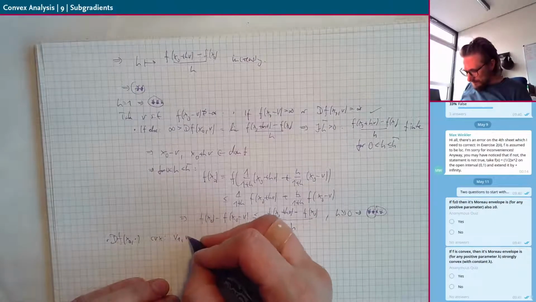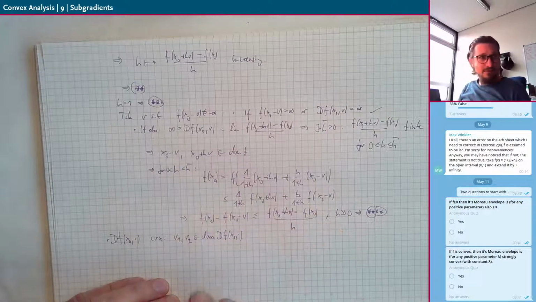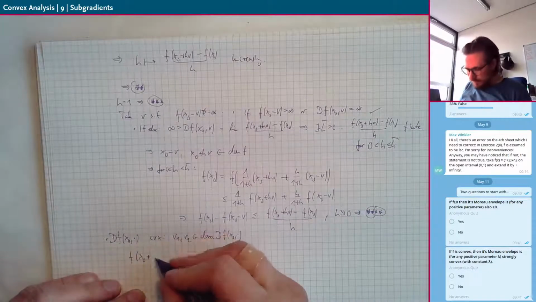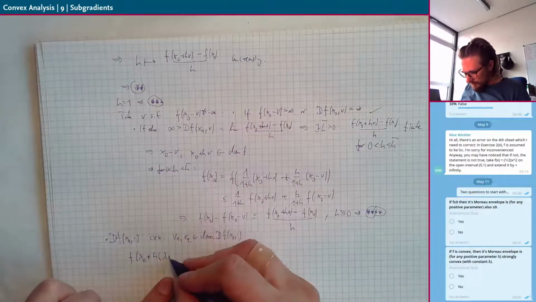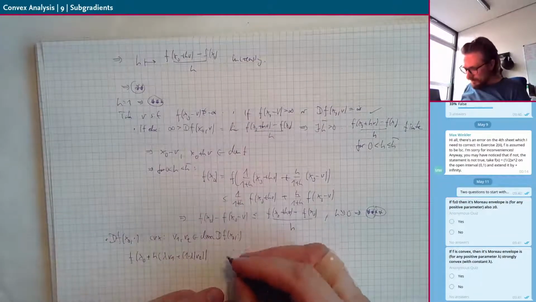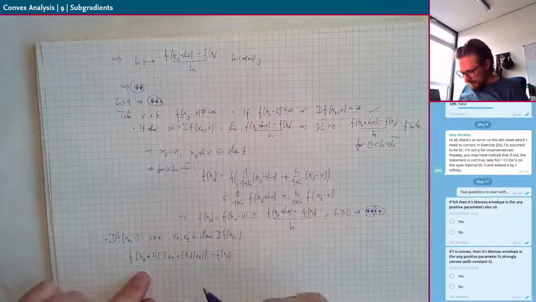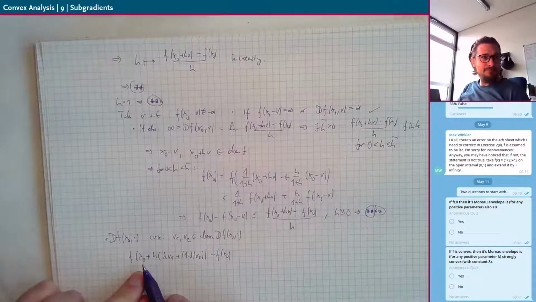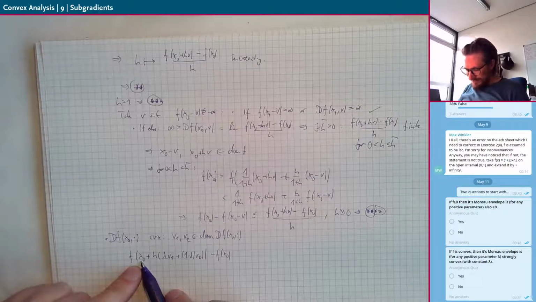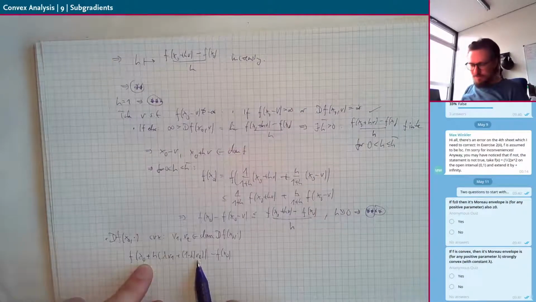Okay, so take two directions for which this is a finite number, and then we just plug in a convex combination here, lambda v1 plus 1 minus lambda v2, minus f of x0, and expand everything out. So basically what you do is write x0 as lambda x0 plus 1 minus lambda x0, and rearrange the things to see that you get 2.